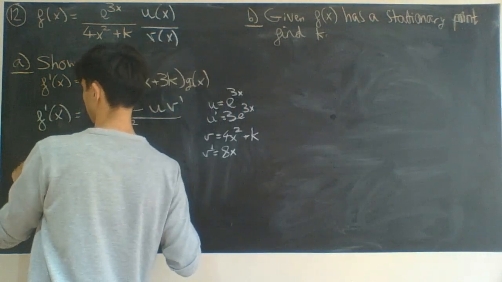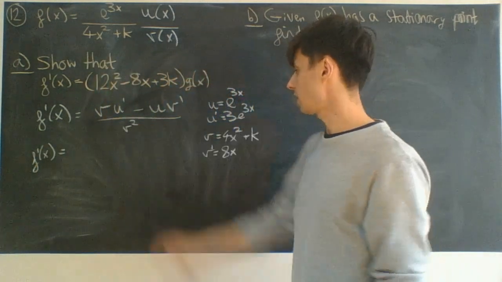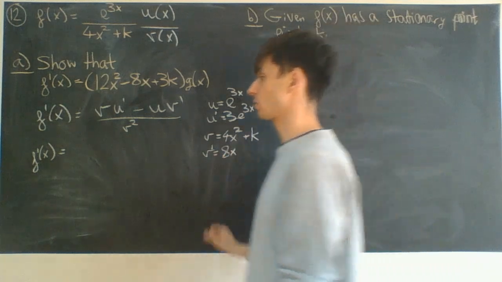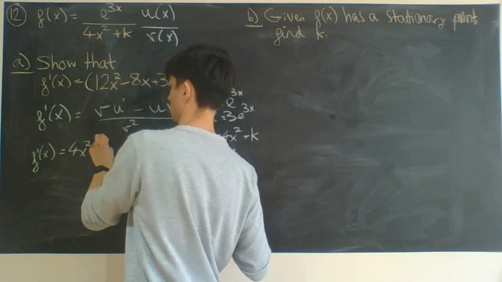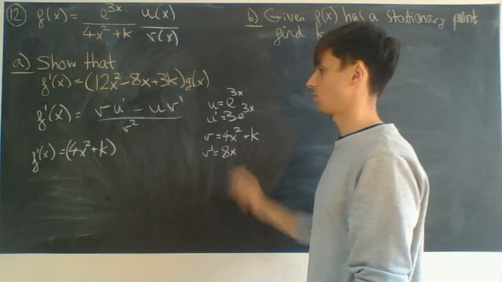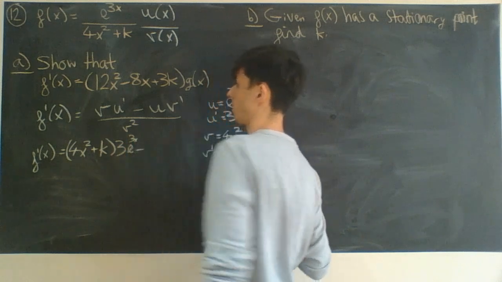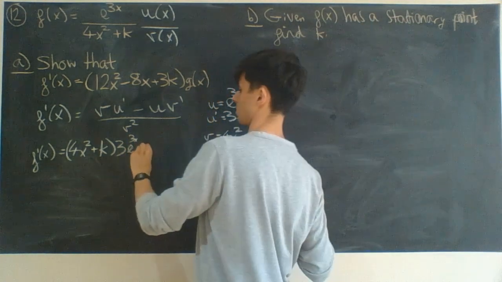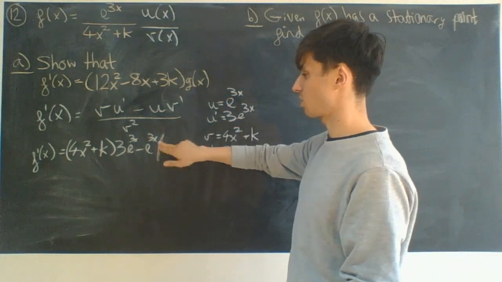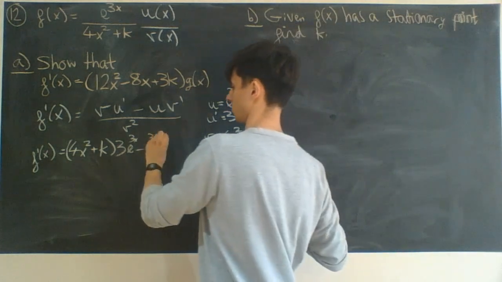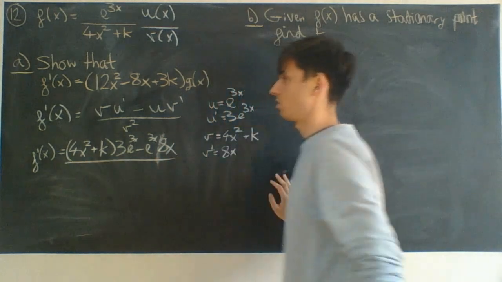So we should have f dash of x equals v u dash, so we're going to have 4x squared plus k, multiplied by 3e to the 3x, minus u, which is our e to the 3x, times v dash, which was 8x, so actually we don't need this bracket, so we can just write 8x here, all over v squared.